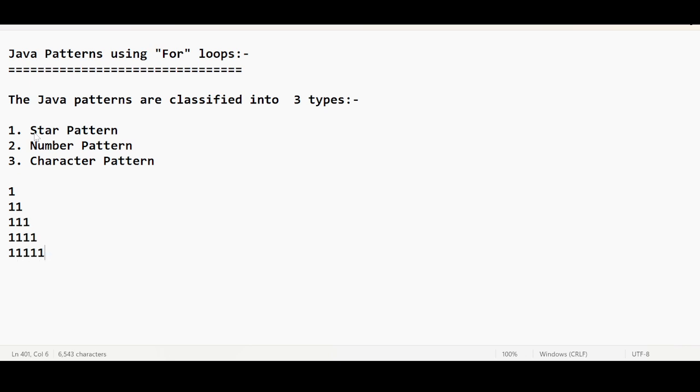This is one of the examples of a number pattern, the right triangle number pattern. Likewise, if you want to go for the character pattern, this is how it looks like.